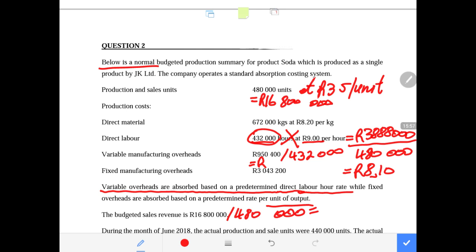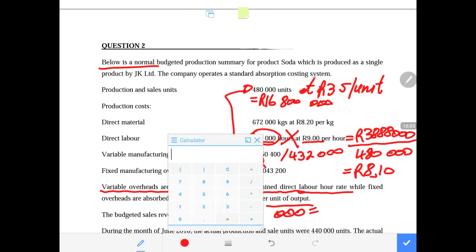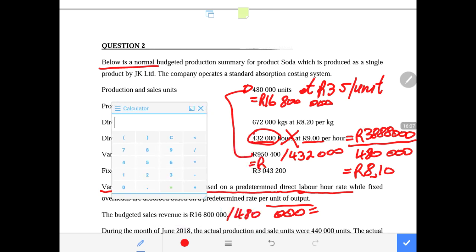But if we divide by the units, we will get our rate per unit. Let me do both of them and prove to you that either way you'll get to the same amount. We have 950,400, divide this by 432,000, and this is 2 rand 20 cents. That is the 2 rand 20 cents, it is per labor hour.